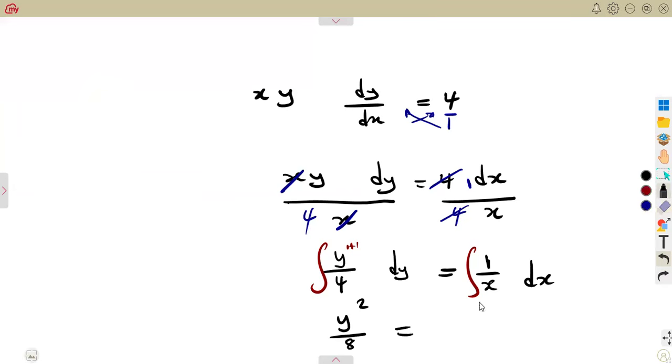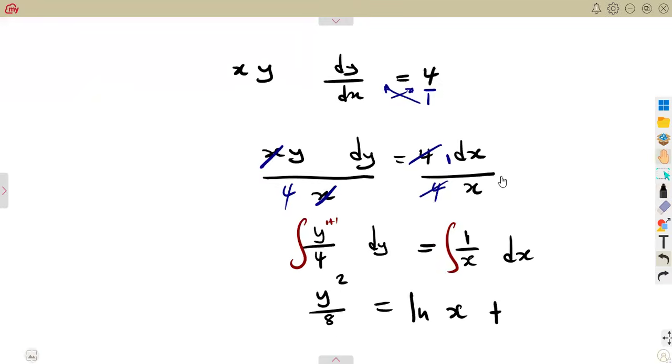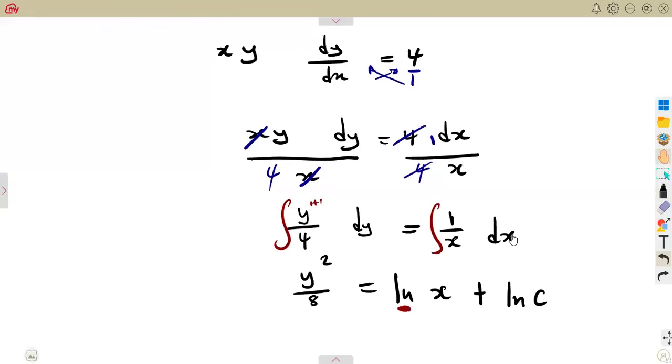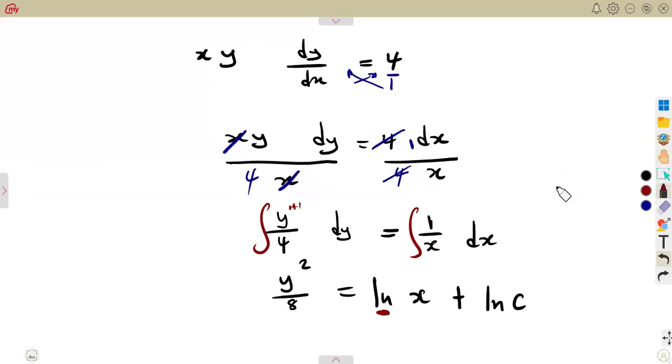Which is equal to the ln of x plus, we are supposed to have a constant, but the fact that the x is having a ln here, the constant will also carry a ln. So it is going to be plus the ln of c. So meaning to say our constant that we had is now represented by ln c.